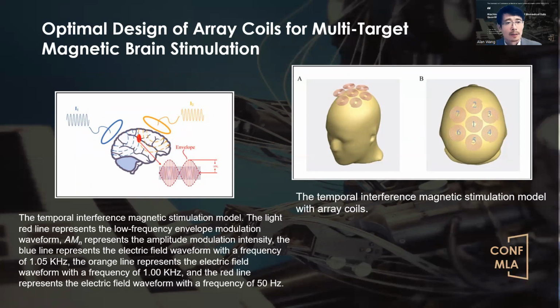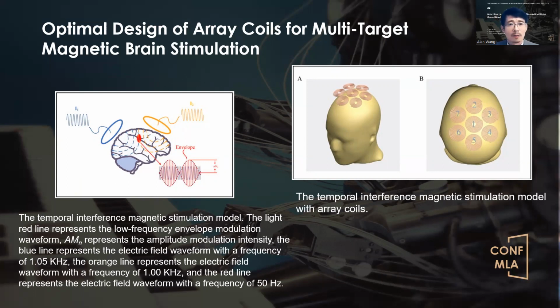This slide demonstrates our recent development for the optimal design of a coil for multi-target magnetic brain stimulation. The traditional TMS, transcranial magnetic stimulation, contains only one coil, and there is only one focal target during the treatment.